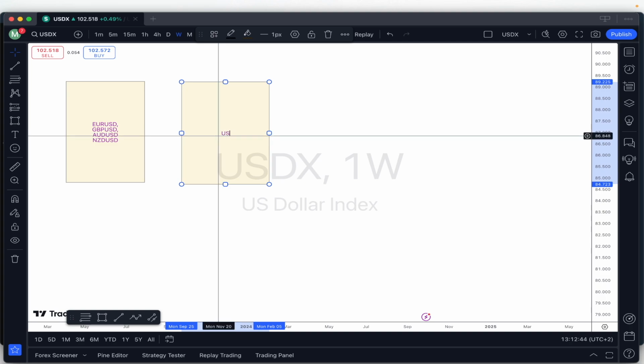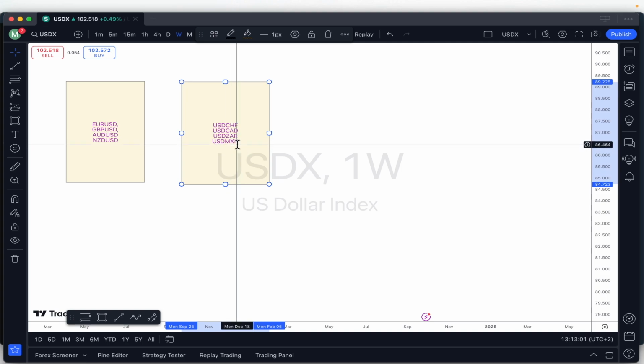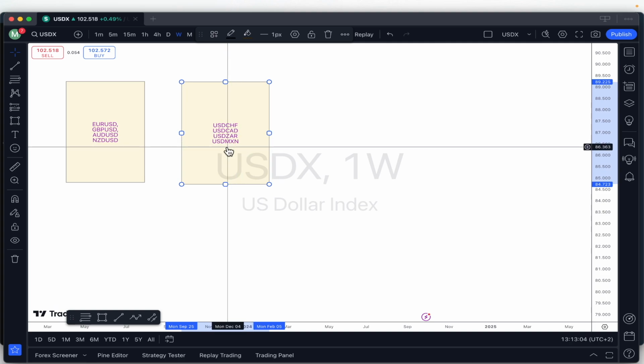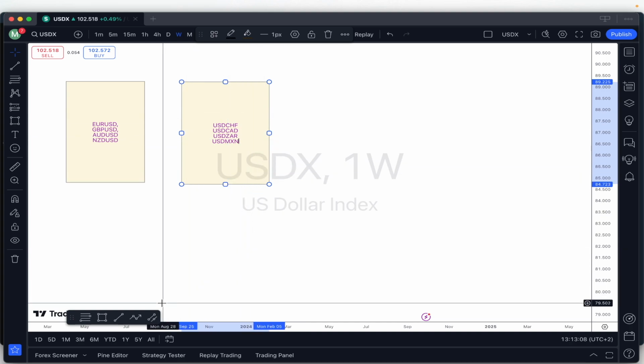You should already know what USD CAD is supposed to do, and potentially to some extent what USD ZAR and USD MXN are going to do. But again, because they're exotic pairs, they might do just a little bit different, or they might be behind at some point, but you will definitely know what they're going to do.